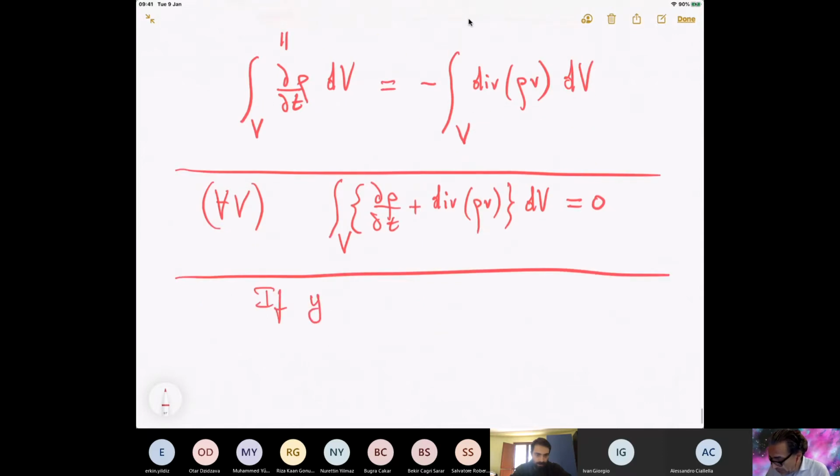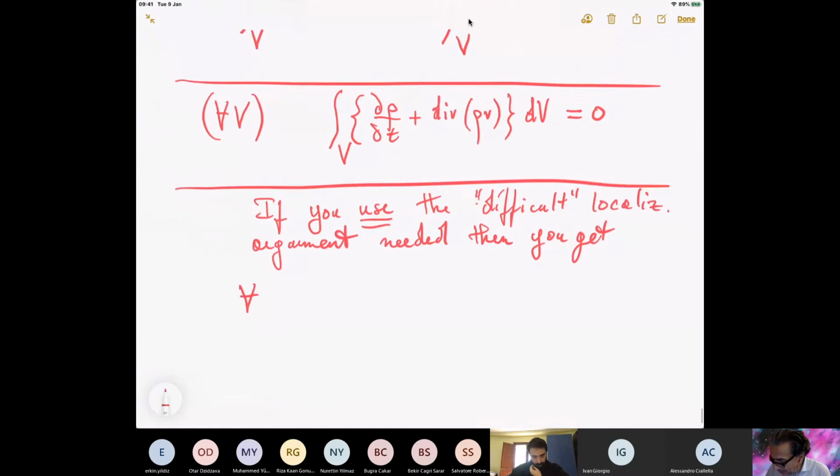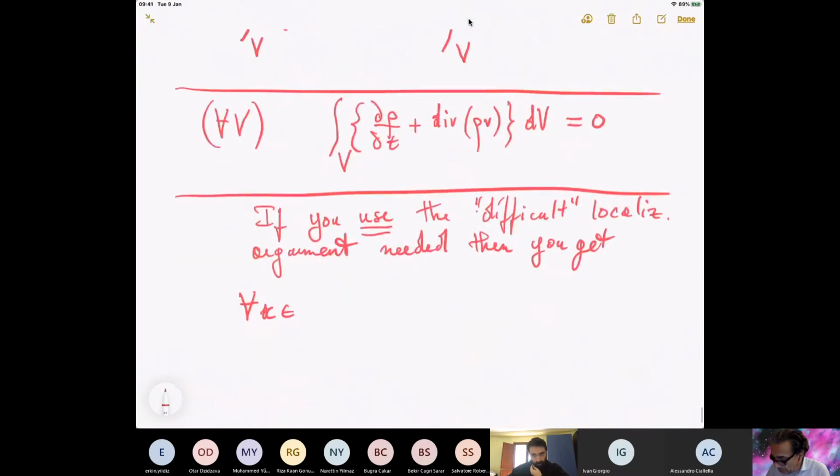If you use the difficult localization argument needed, then you get that for every x belonging to your channel, so let's say C, the actual configuration, d rho over dt plus div rho v is equal to 0.